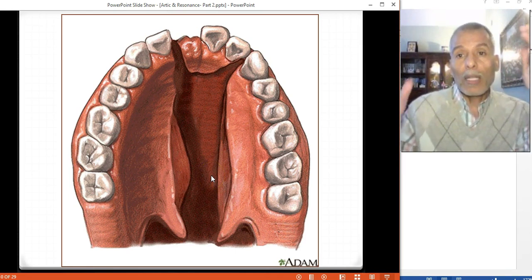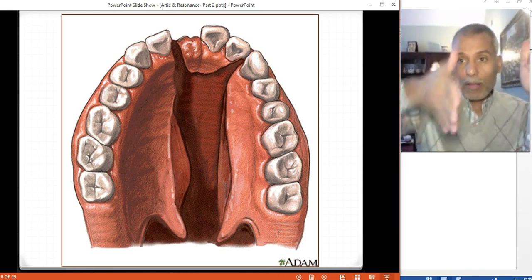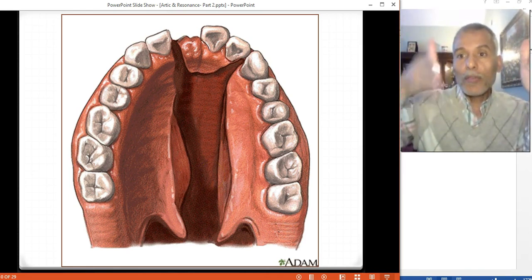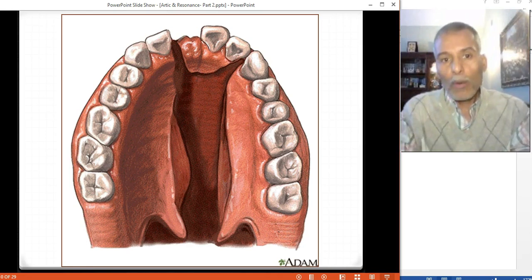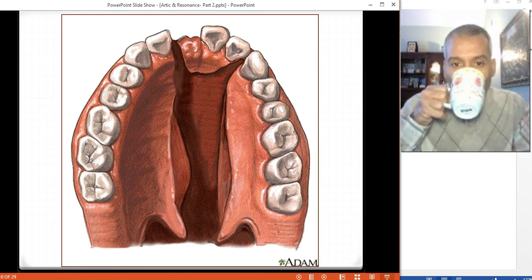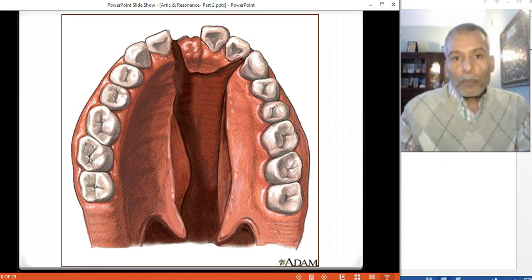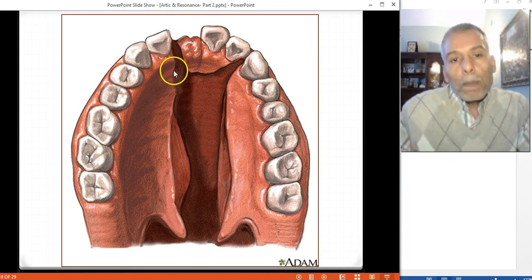So cleft palate, cleft comes from cleave, to split, and cleaver is like that big knife that a butcher would use to split. And from that word also the word cleavage comes. So cleft palate, there are many forms of it.